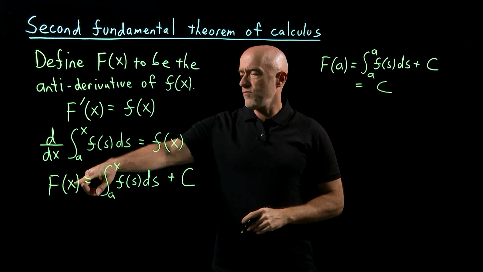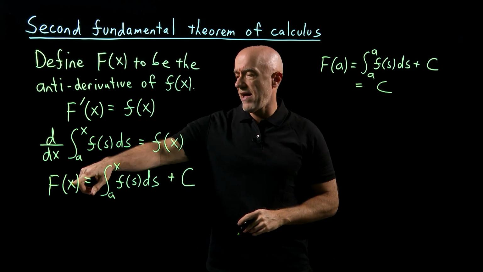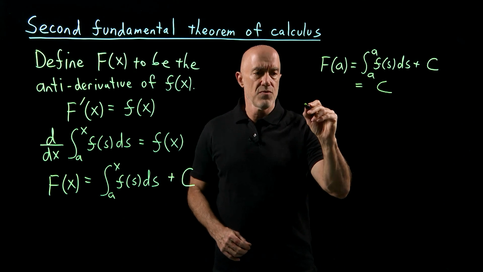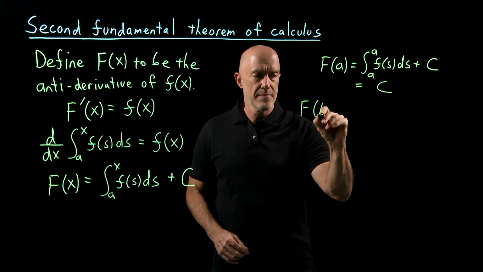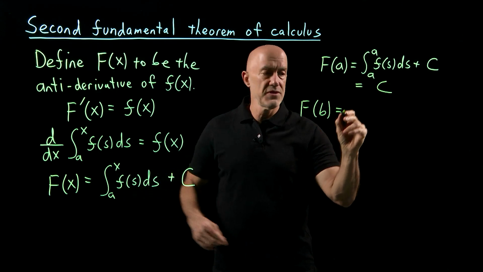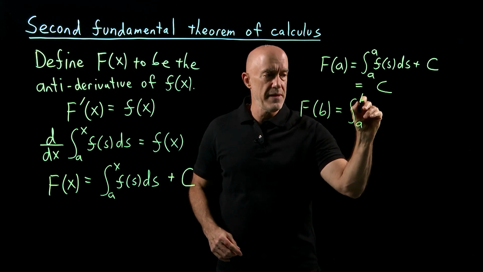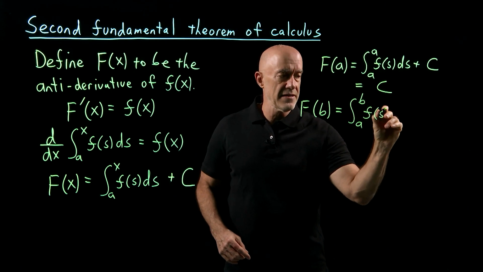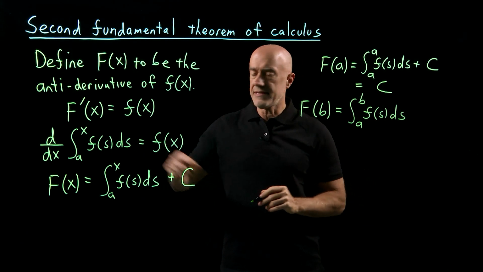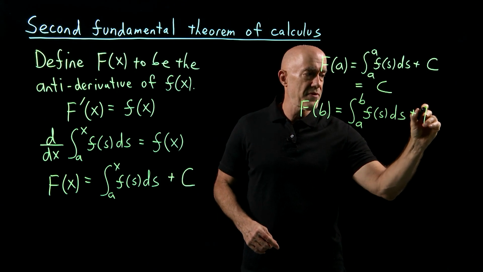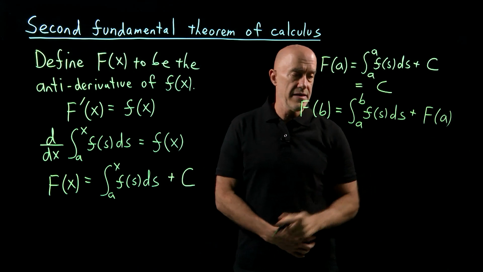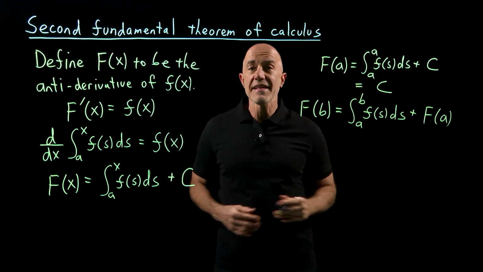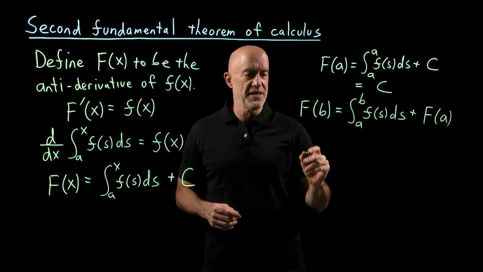On the other hand, we can plug in the value b for x, so we get capital F of b then becomes the integral from a to b of little f of s ds plus c, which is now capital F of a. And that gives us a formula for the definite integral.